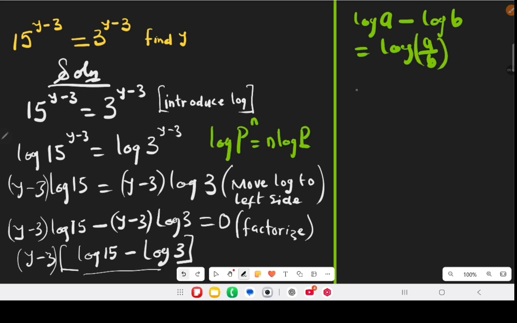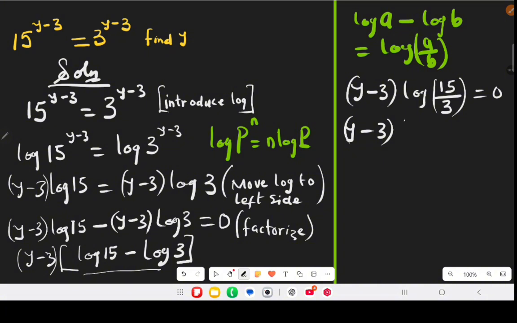If we apply that, we have y minus 3 log of 15 all over 3 equal to 0. This is the same thing as y minus 3 log of 5, since 15 divided by 3 gives you 5, equal to 0.